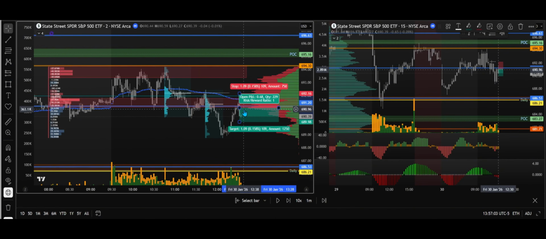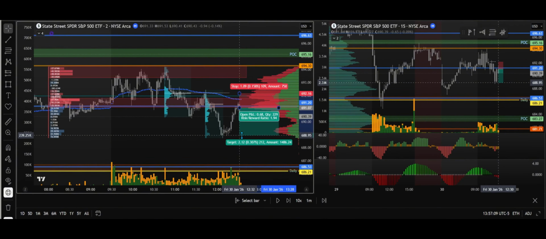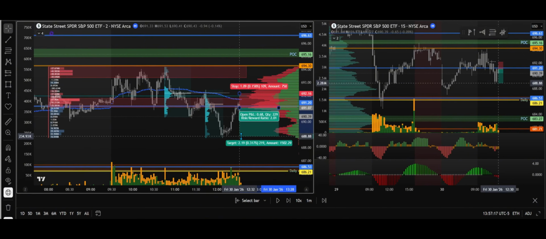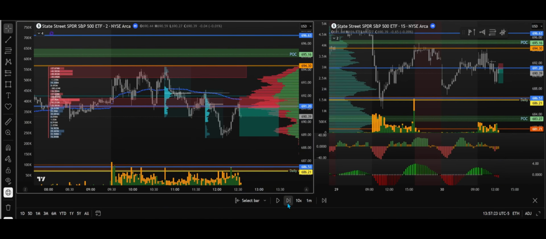At this point, you've had so many good trades, it's probably a low size, but if you want to target primarily maybe the low of the day, you could, if you want to scalp it, target this session low volume node. If I see this, I'm probably at least going to try to target the low of day. The stop is above that recent high, probably above VWAP at this point.